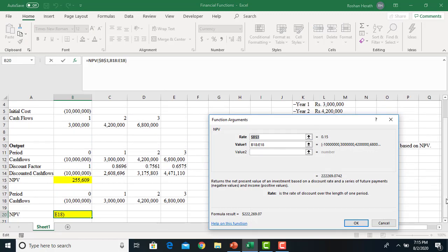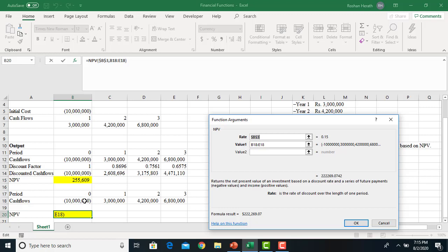Here, this is an important point that you need to remember, that when you are going to apply this NPV function, you should not select the year zero cash flow. Normally, when it comes to this NPV function, how it will read these cash flows, they would even consider the year zero cash flow as a year end cash flow.